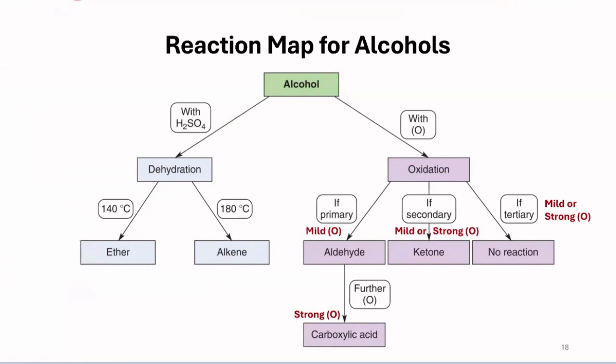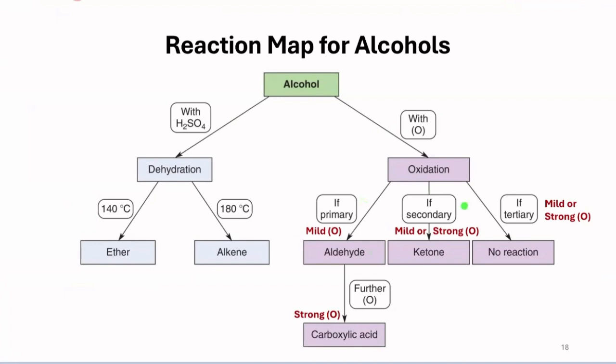Alcohols can undergo oxidation, but it depends on the type of alcohol. Only primary and secondary alcohols will react. And we can observe that upon oxidation, if you have a primary alcohol, to make just the aldehyde, you need a mild oxidant.